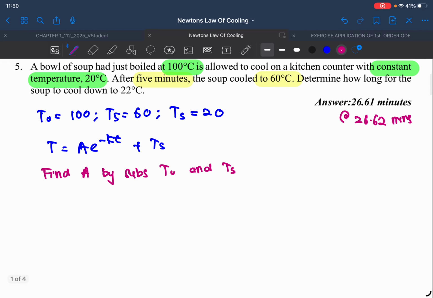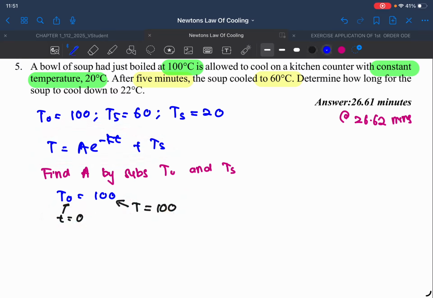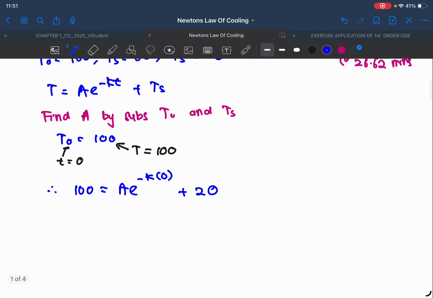T naught is equal to 100 means that our small t is equal to 0 and our temperature is equal to 100. So we substitute this value into the formula. Therefore 100 is equal to A e to the negative k multiplied by 0, plus TS which is 20. Therefore our A is equal to 80.